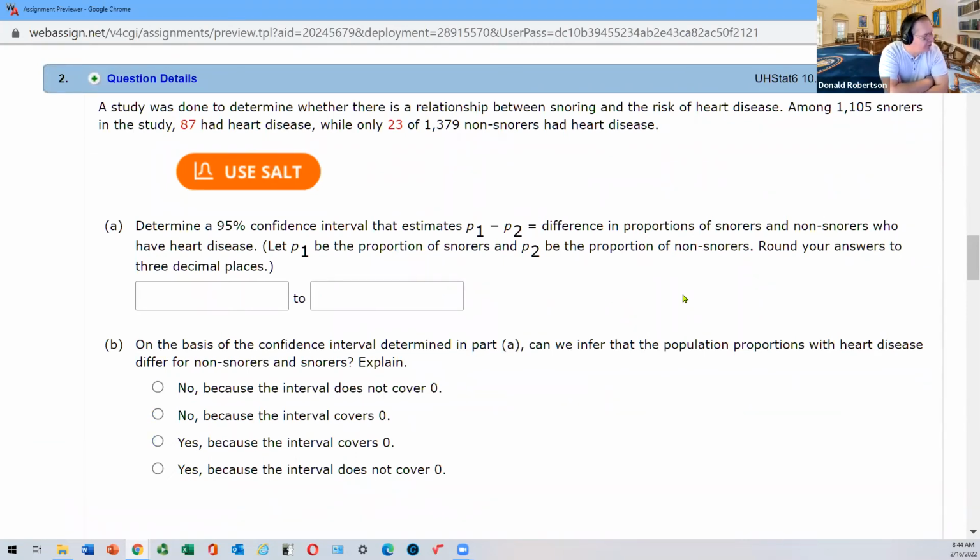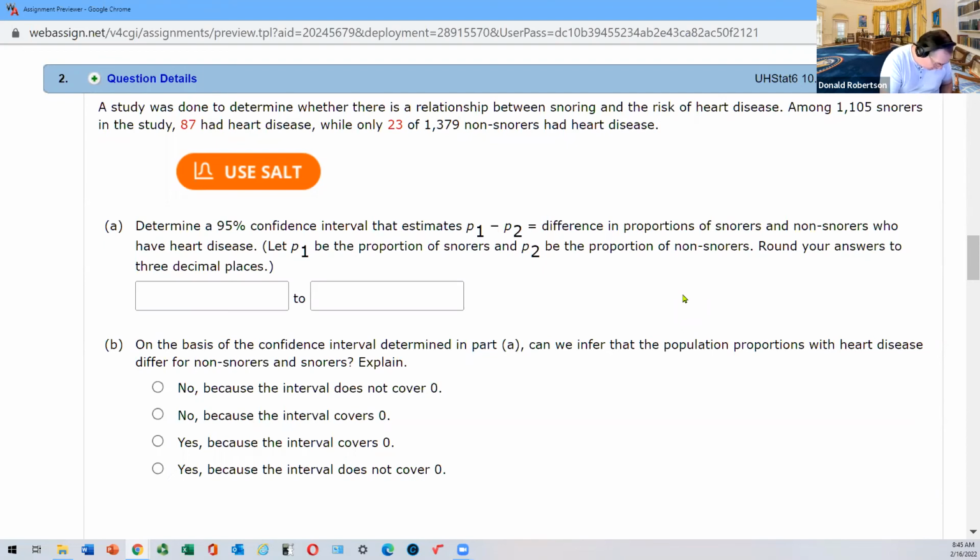A study was done to determine whether there is a relationship between snoring and heart disease. So I'll have to write these numbers down. In the snorers, 87 out of 1,105 had heart issues.